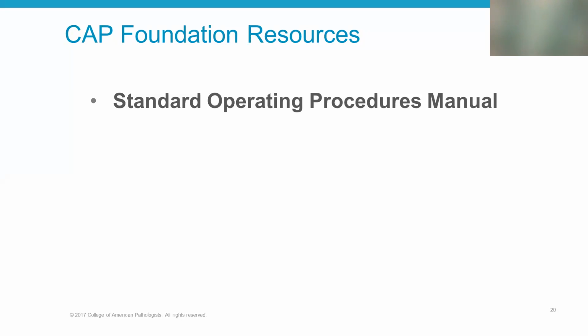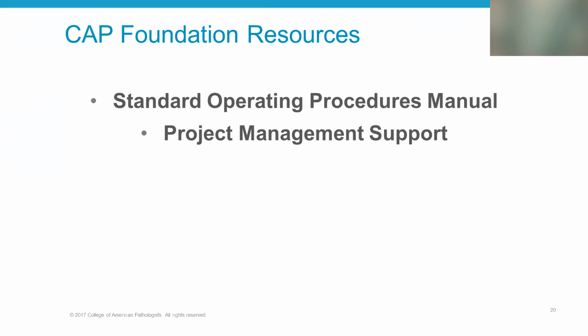It ensures a consistent, quality experience for patients, clinicians, volunteers, healthcare systems, and the community, and offers guidance and approaches to ensure repeatable and scalable programs. Additionally, myself and our Director of Programs are available for project management support.